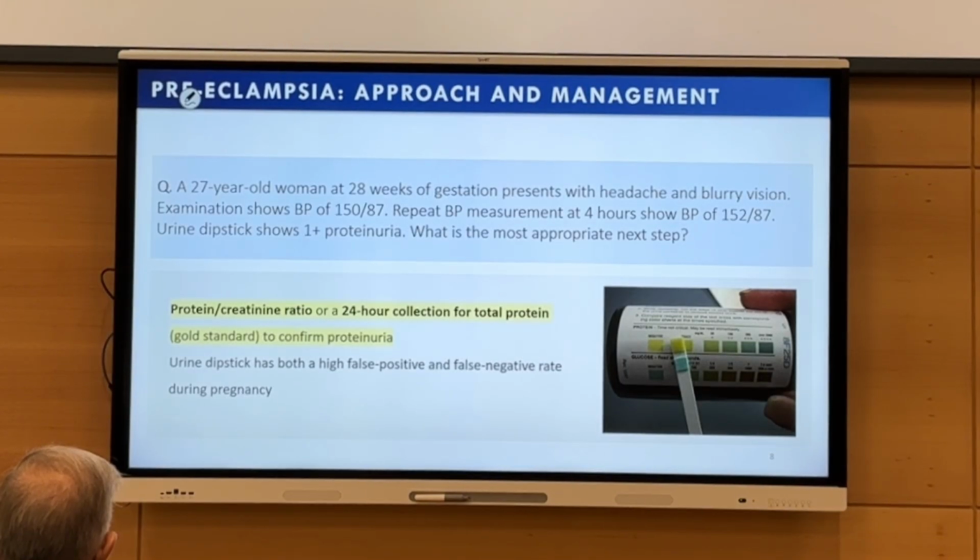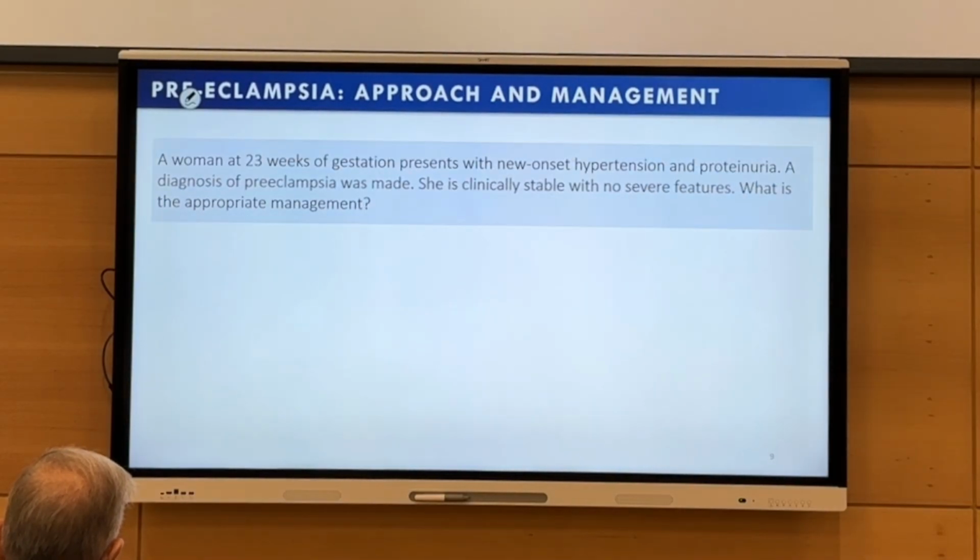So we need to do what? Either protein to creatinine ratio or 24-hour urine collection for the total protein. This is very important. Okay? So a protein to creatinine ratio of 0.3 or 24-hour collection above 300 confirms the diagnosis of proteinuria.